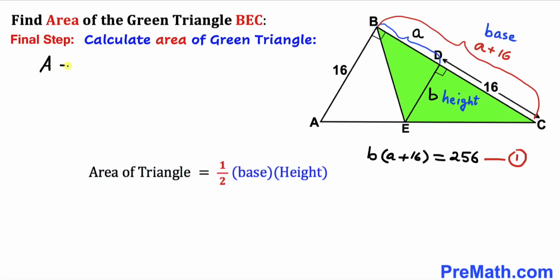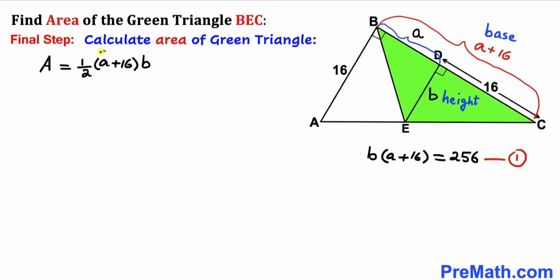So area is going to be equal to a half times base, in our case a plus 16, times height, which is lowercase b. And now we can see this part, (a plus 16) times b, is equal to 256 from equation 1. So I'm going to replace this by 256.